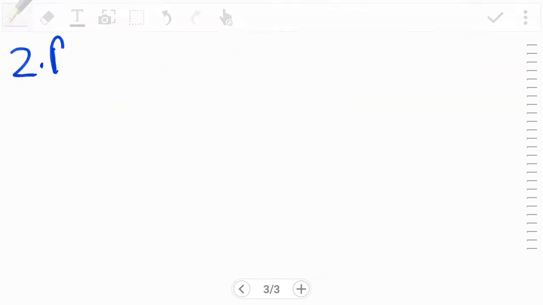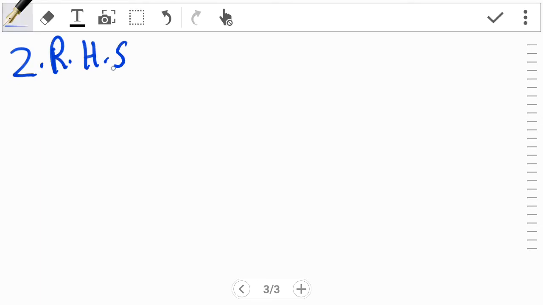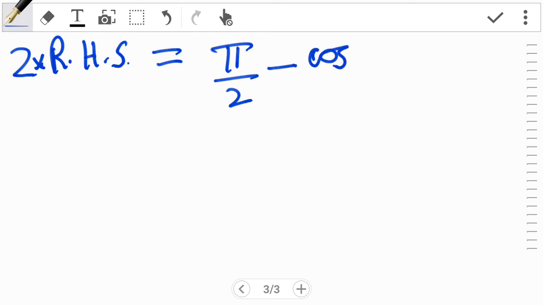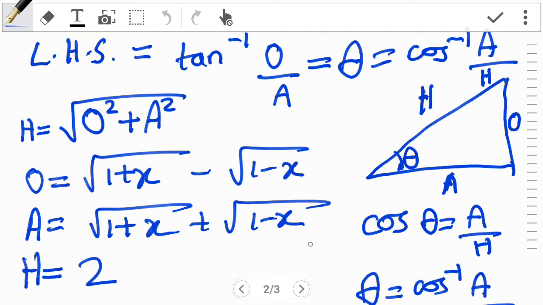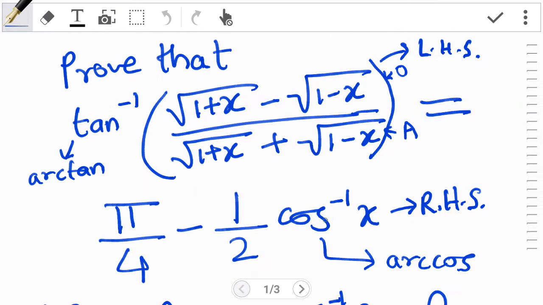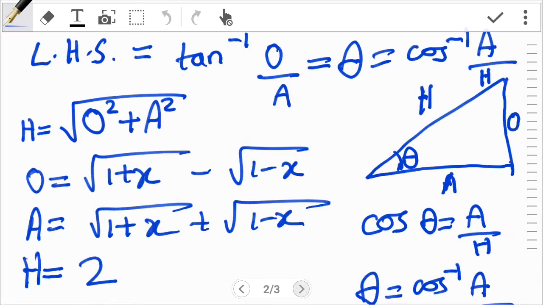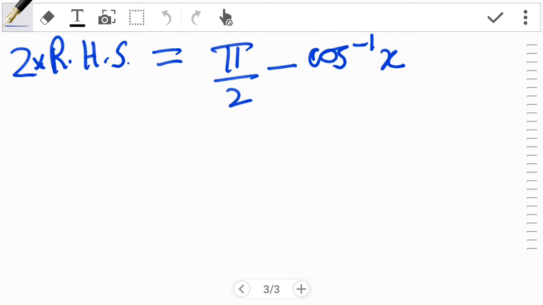Twice of RHS is equal to pi by 2 minus what? Cos inverse x, right? Since RHS is pi by 4 minus half of cos inverse x, twice of RHS will just be pi by 2 minus cos inverse x. So twice of RHS is this.